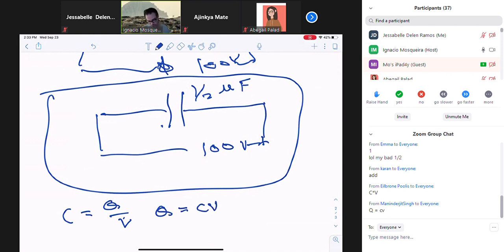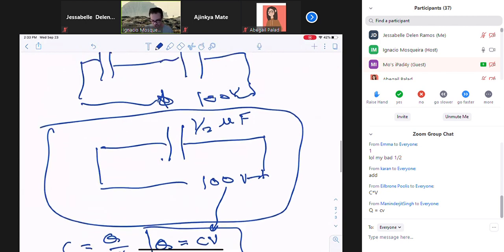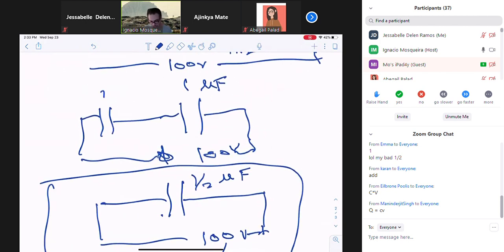So it has a voltage. Well, I know V is 100, and I know C is 1/2 microfarad. So I multiply those two. That's the charge. Okay, fine, no problem. So let's go backwards now. This is the charge on the equivalent capacitance that I just replaced the entire circuit with.